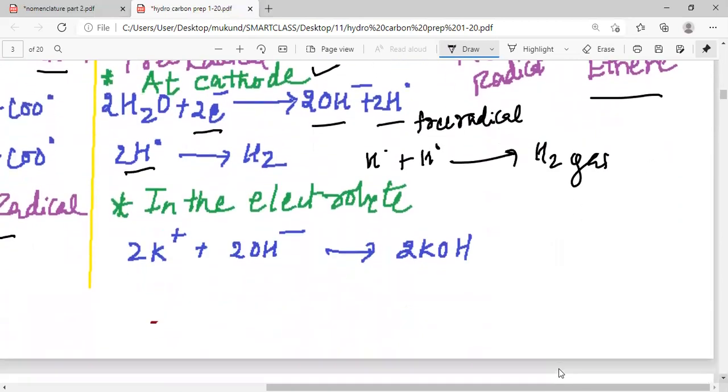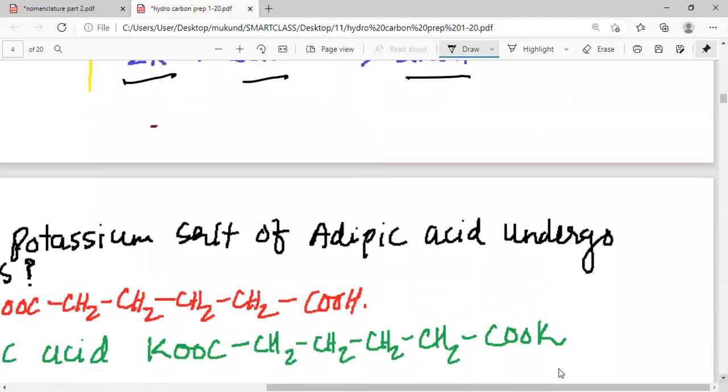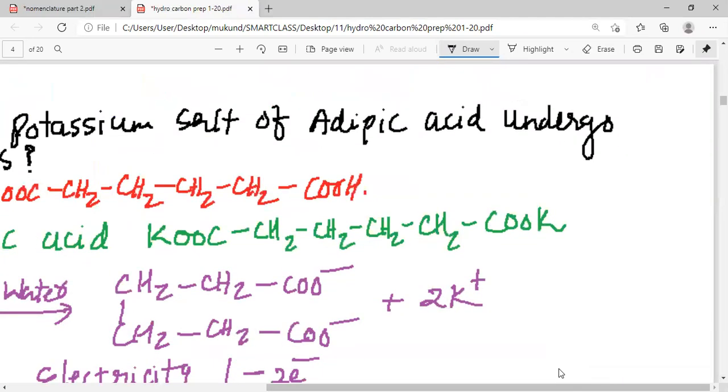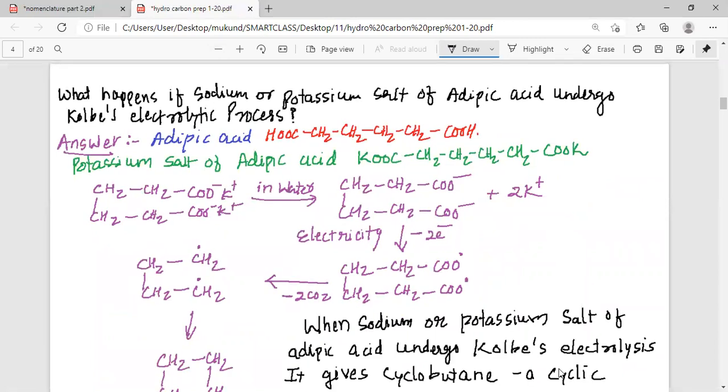Now let us see what happens at the electrolyte. We have seen that 2 OH minus have been produced. In the first step itself, during the process of ionization, 2 potassium ions were already produced. They combine with the hydroxide ions to give us 2 potassium hydroxide. And this is how we have the various products obtained at anode and cathode.